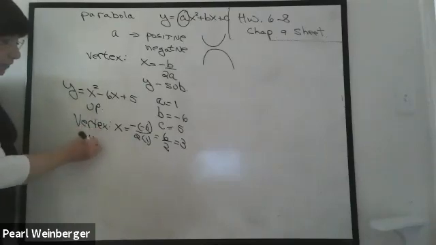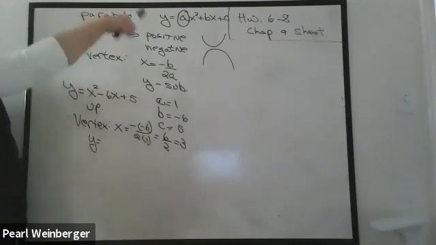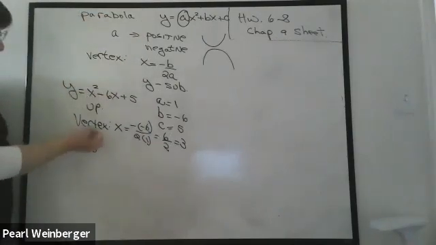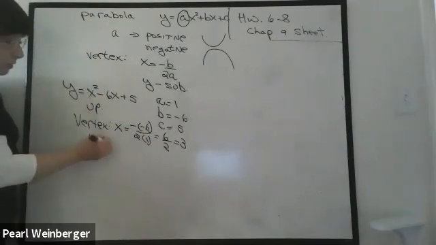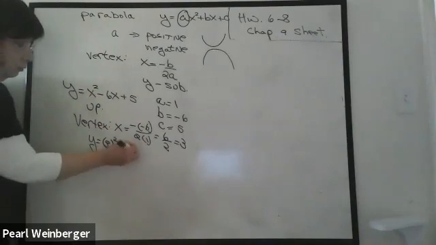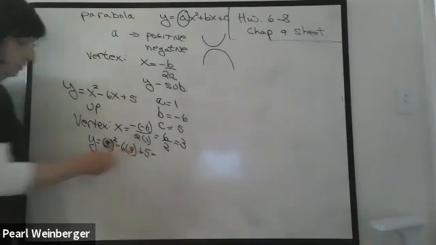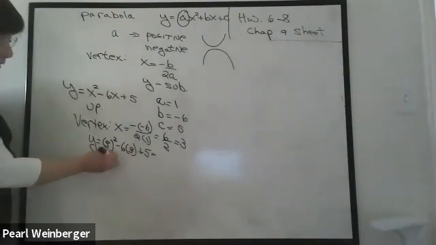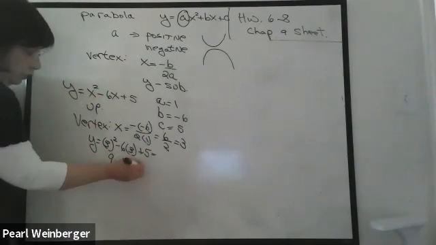To find the y value of the vertex, I take this number 3 and stick it into my equation. I'm replacing the x now with 3. So this is going to be 3 squared minus 6 times 3 plus 5. Let's simplify this. 3 squared is 9 minus 18 plus 5.